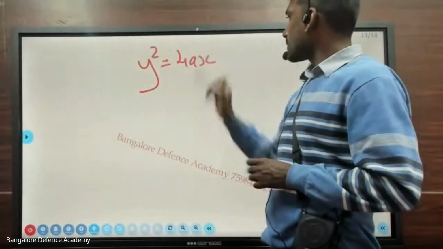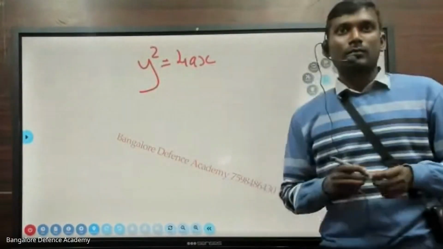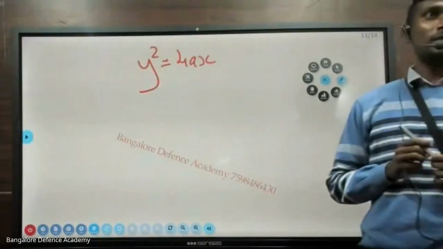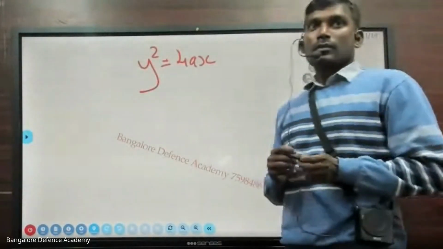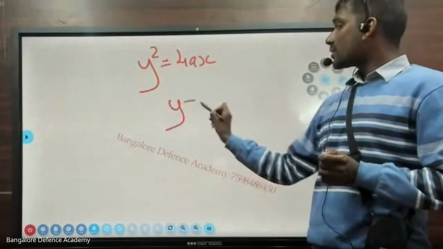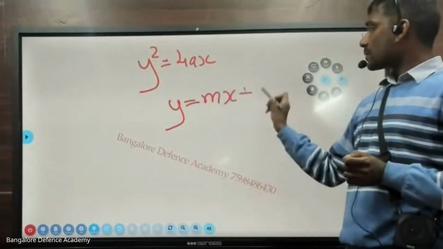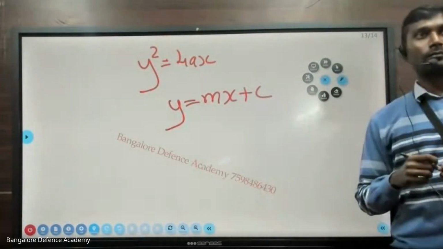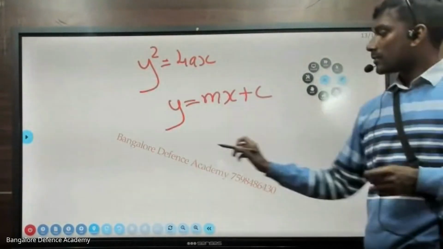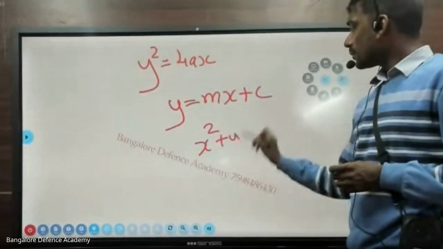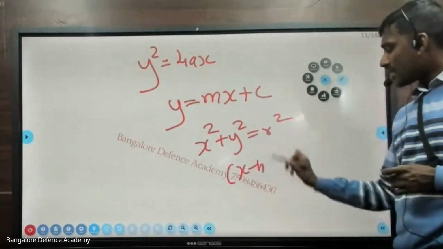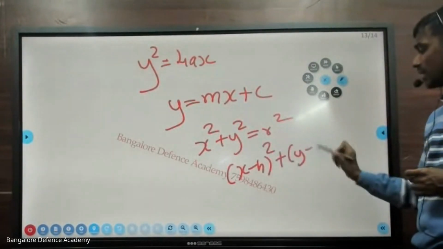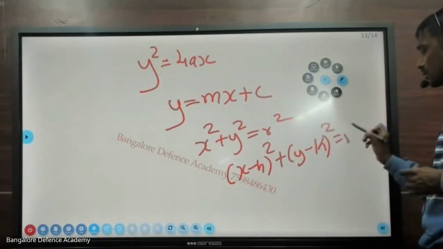Yes, 11th standard students, just tell me, what is this? y square is equal to... y is equal to mx plus c. What is this? x square plus y square is equal to r square. x minus h the whole square plus y minus k the whole square is equal to r square.